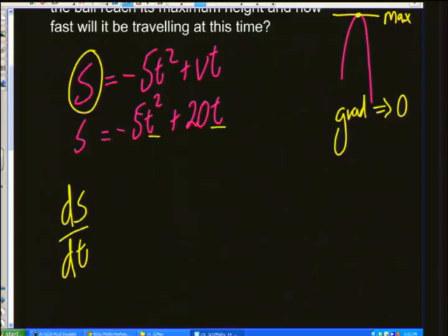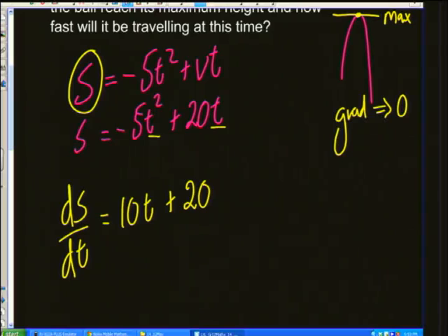So now I'm going to find ds by dt. What is that? 2 times 5 is 10, t, plus 20. And notice that the t has gone, so 20 times 1, and that's got to equal 0. So there we've got a simple linear equation in t.